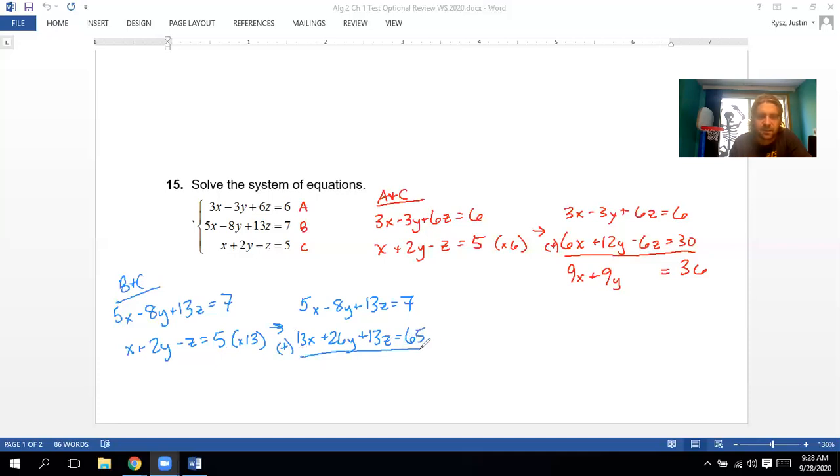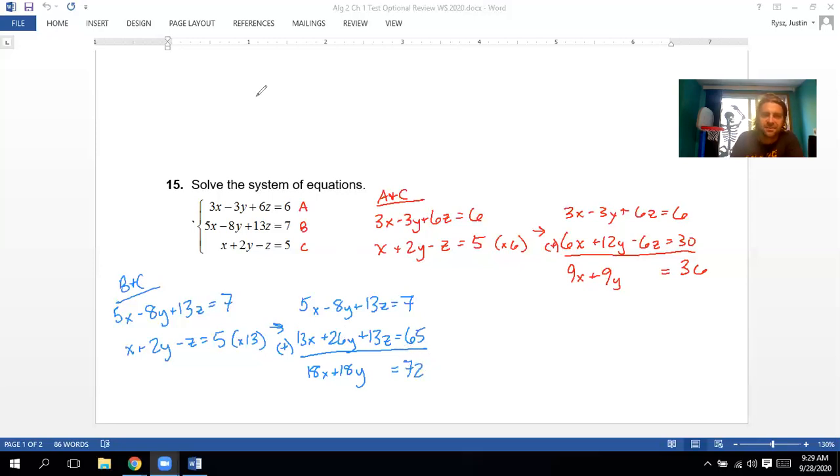All right, add them together. Let's see, we'd get 18x, and then we get 18y. Oh no. Did I really give you guys a problem that doesn't work out right? Would that be 18? Yeah, it would be 18. And then equals, add them together, 72.